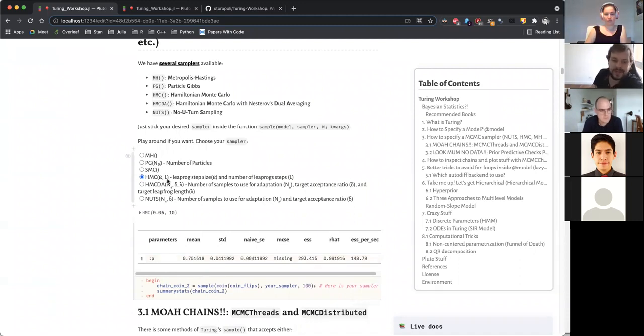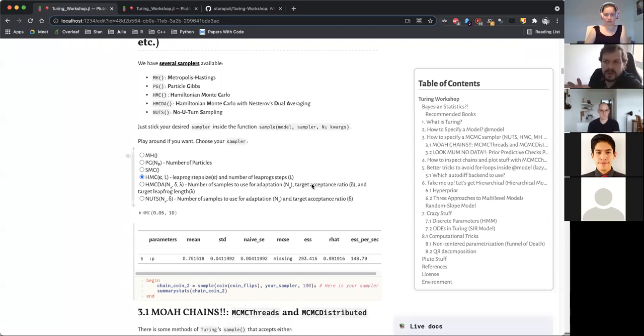And then we have the HMC dual averaging from the Nesterov algorithm, which calibrates automatically the epsilon and the L, the number of leapfrog steps. You don't need to do that. So you just supply the number of samples used for adaptation, which I call NA, your target acceptance ratio, which is somehow related to the Metropolis acceptance rate.